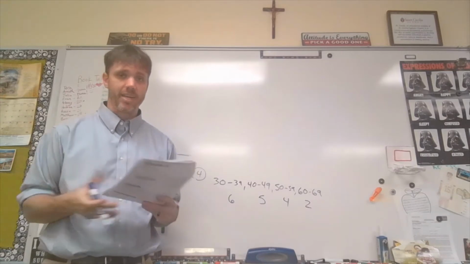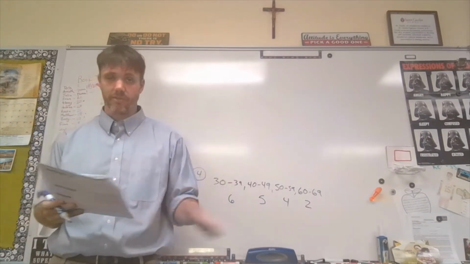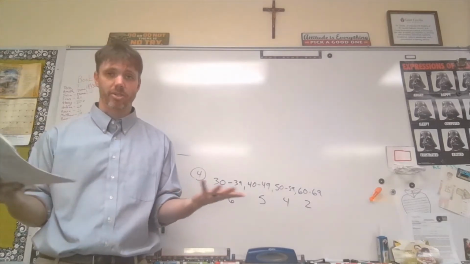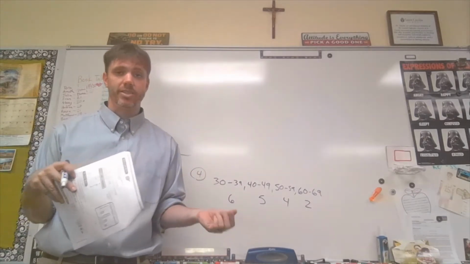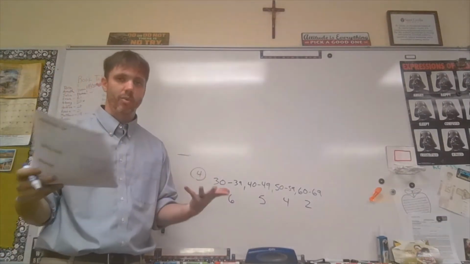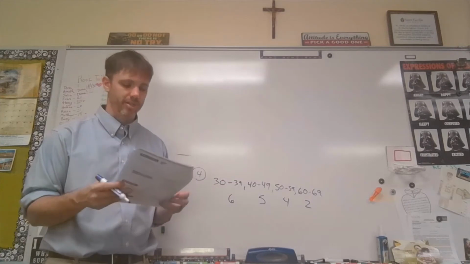And you can't unless you have the actual data to begin with. So if you're creating the histogram, obviously you have the data and you can tell what the real numbers are. But if you aren't creating the histogram, then you can't necessarily tell. We'll talk about that in just a little bit.